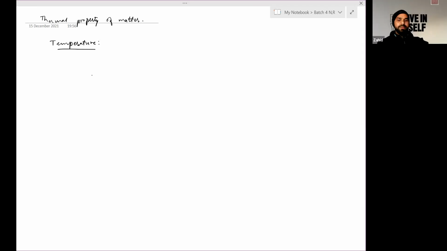Good. Suppose there is a body and you touch it. In summer, you feel nothing by touching it, but in winter, you feel some coldness by touching this same body. It means temperature is just a relative term with respect to some other body.